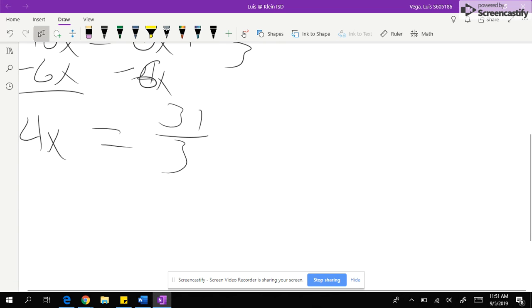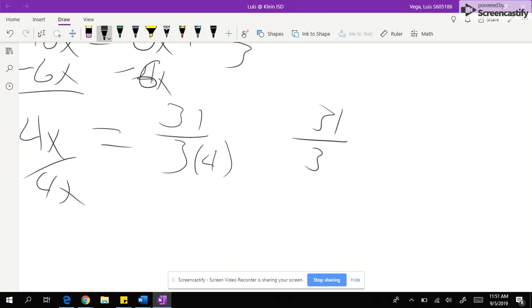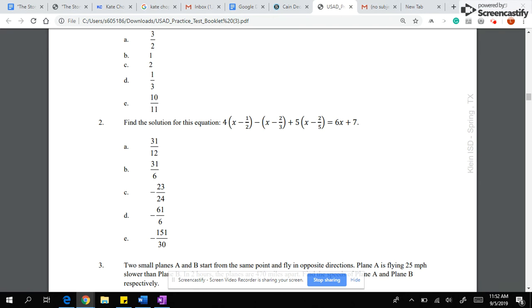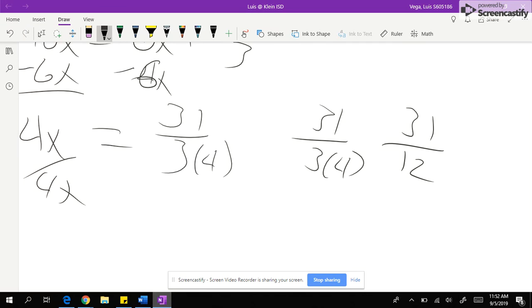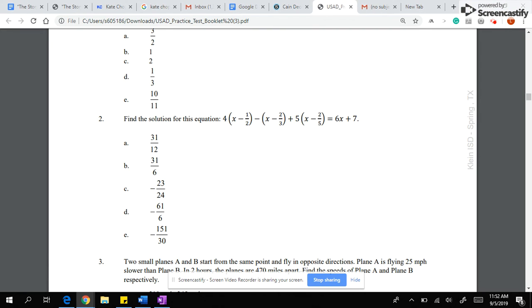And then just divide by 4, and since now you have the 4 here, you just do 3 times 4, and so it would be 31 over 12, which, if you go back to the problem, is answer A. So if you got A, you would get A for this one.